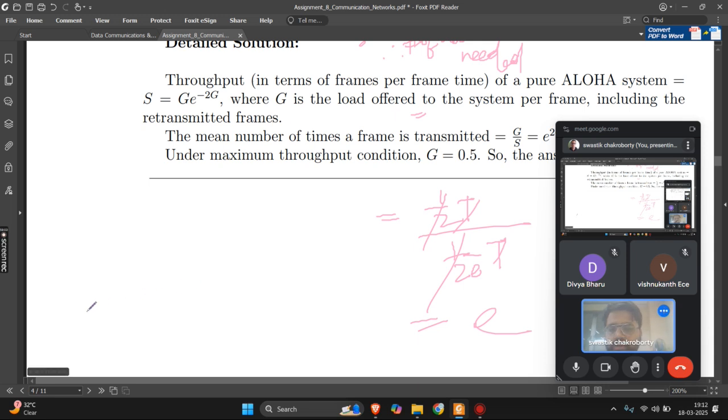So the number of times you need to transmit is e, or 2.7.